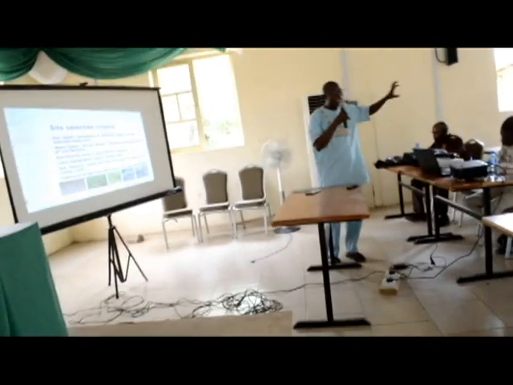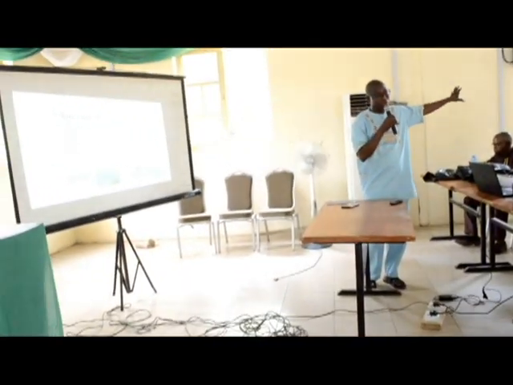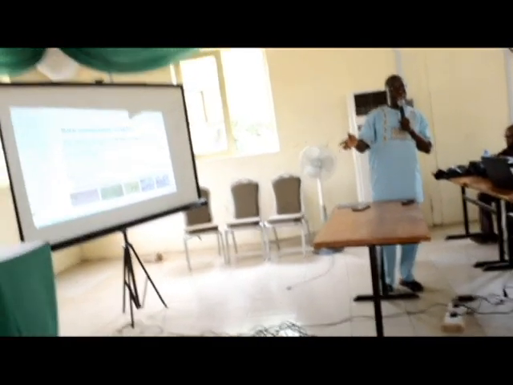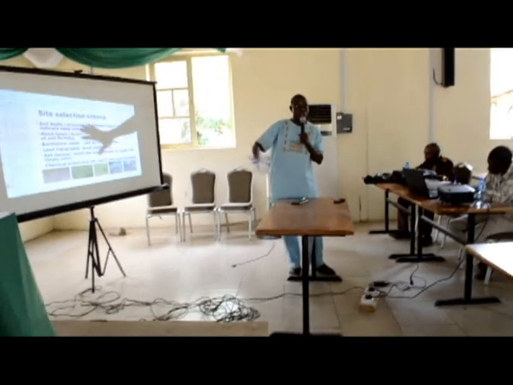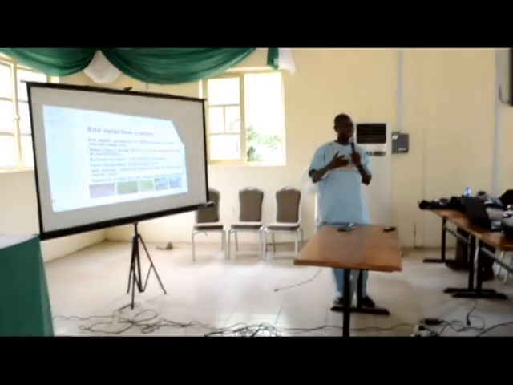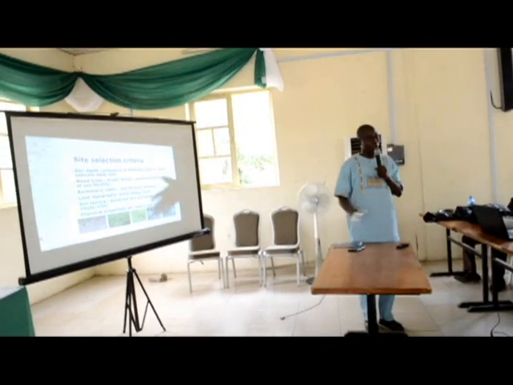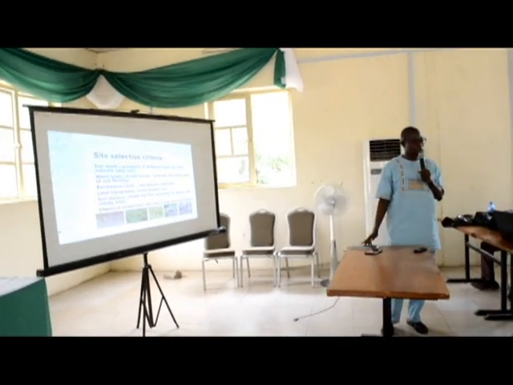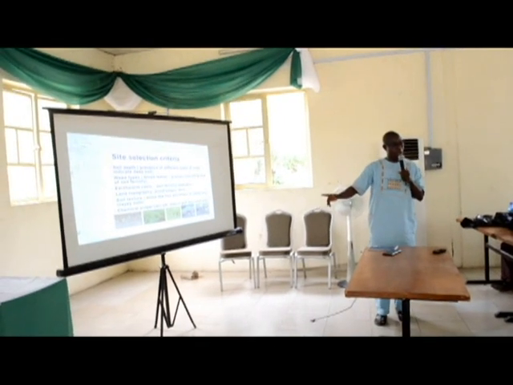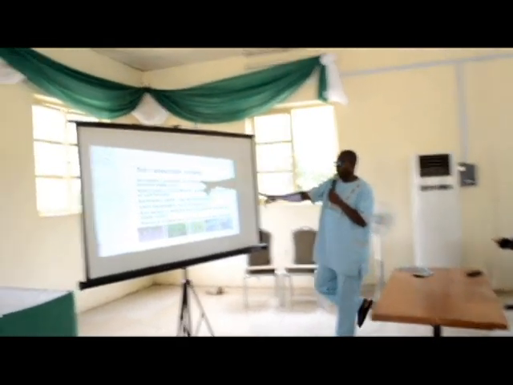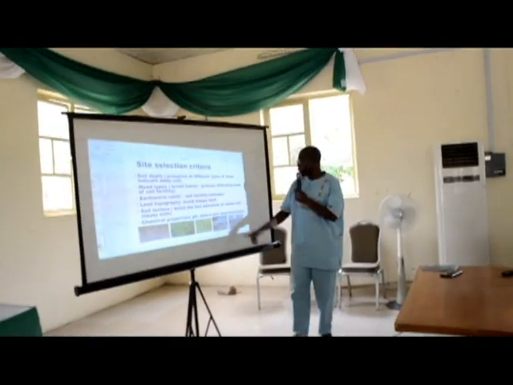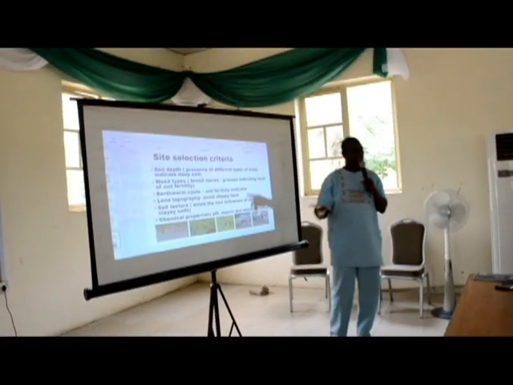If it is too clayey, that's another extreme. That soil will be prone to poor drainage. When it rains like this, it will take 2-3 days before the water will disappear on the soil surface. It's also not good enough. So we have to ensure we avoid the two extremes of sandy and clay soil.